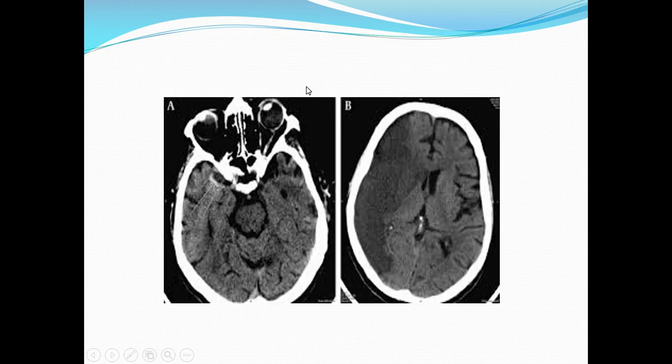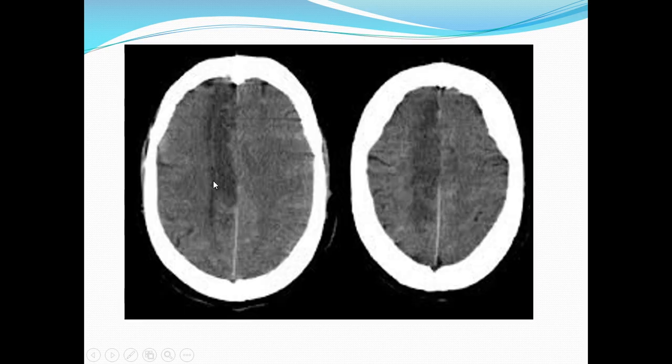Then again another image: you can see in the right frontoparieto-temporal region a large middle cerebral artery infarction, and the dense MCA sign is in the next image. Then the ventricles are gone. Another image, but here what can be seen? We can see the falx. What is the falx? Falx cerebri.